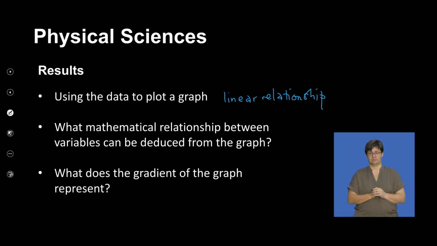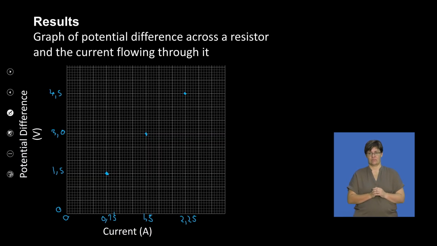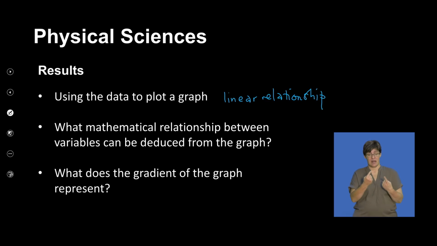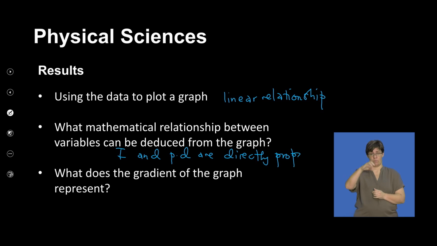So the graph suggests that the current and potential difference are directly proportional. And then what does the gradient represent in this case?